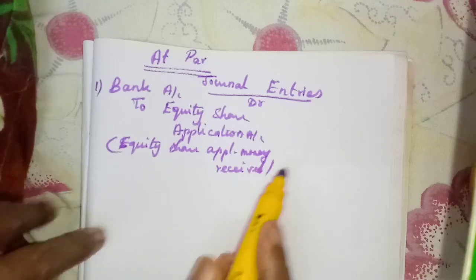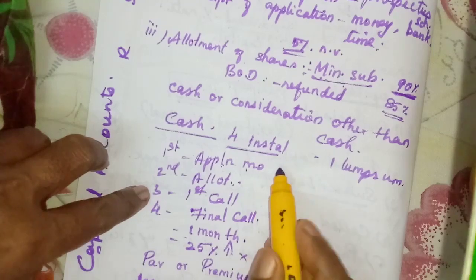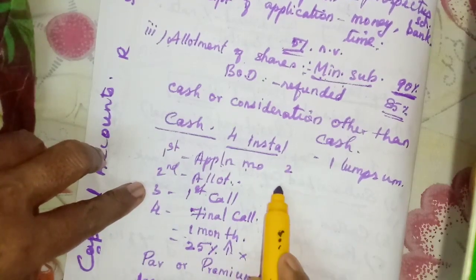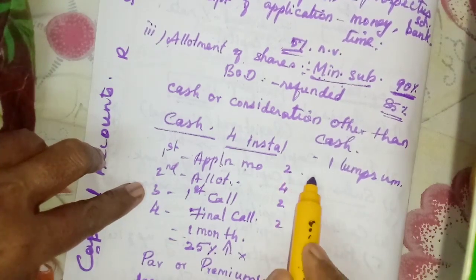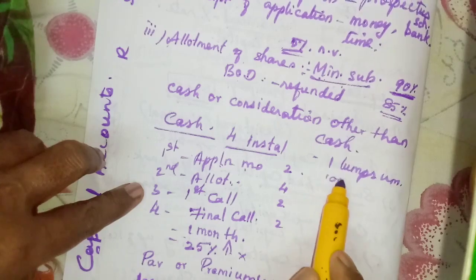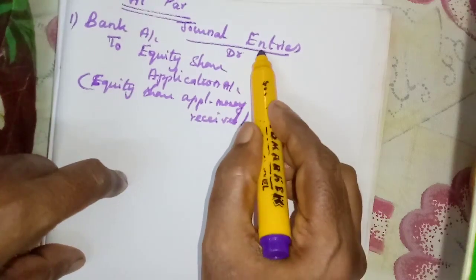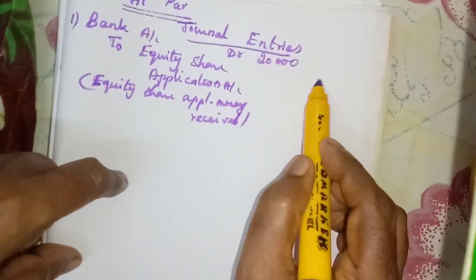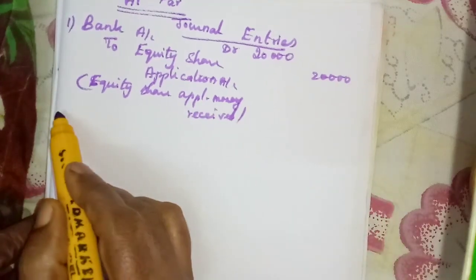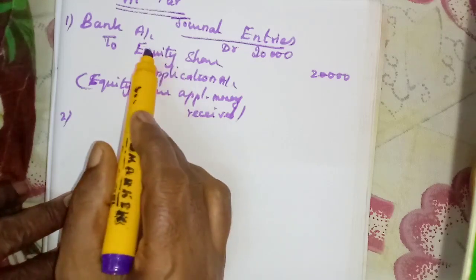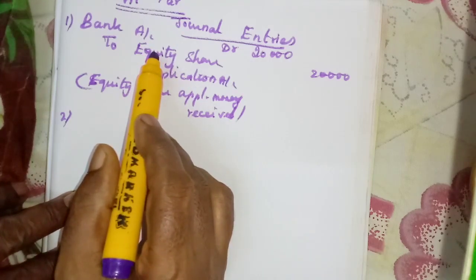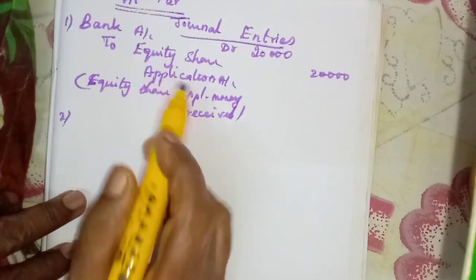Then they will give for each amount. If it is for 10 rupees, the application money is 2, allotment 4, first call 2, final call 2. Then we should see how many shares they have applied. If it is 10,000, then 10,000 into 2 is 20,000. That way you have to write the amount also. Then we need to transfer this application money to share capital.